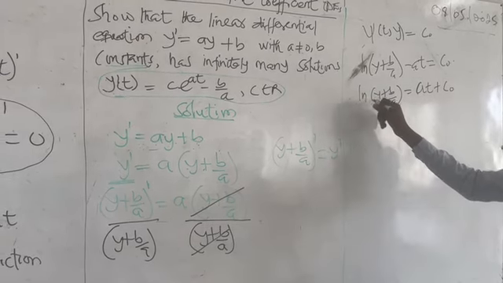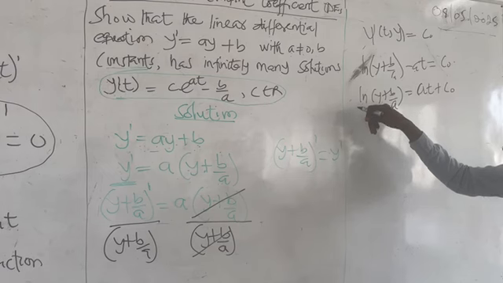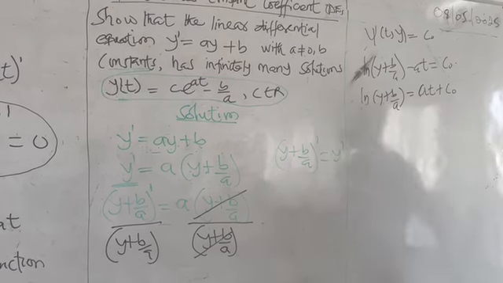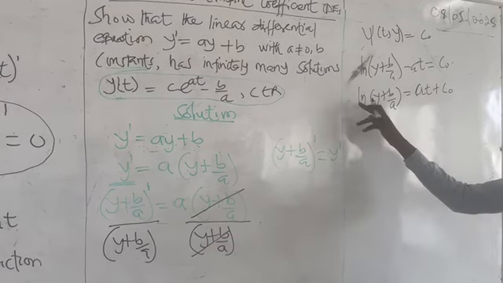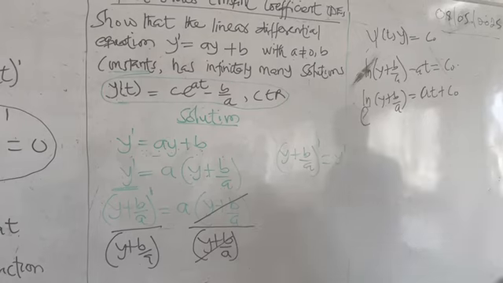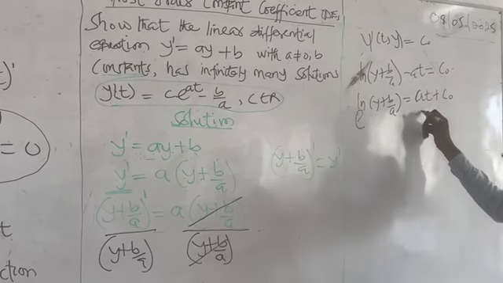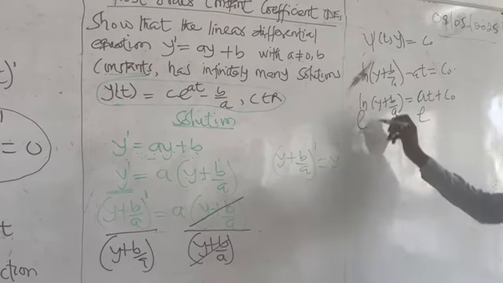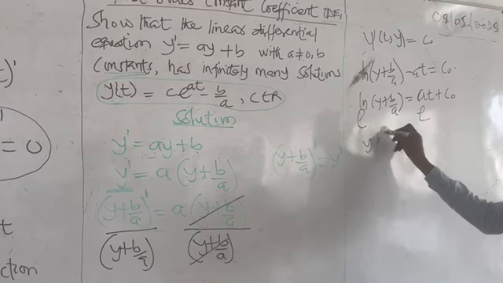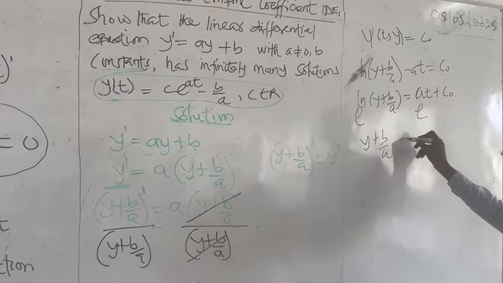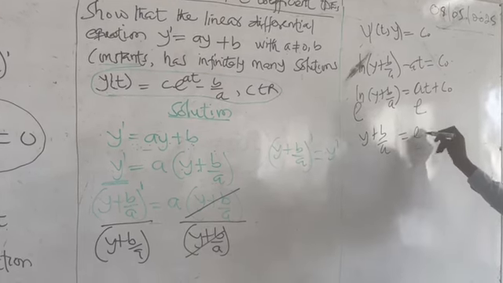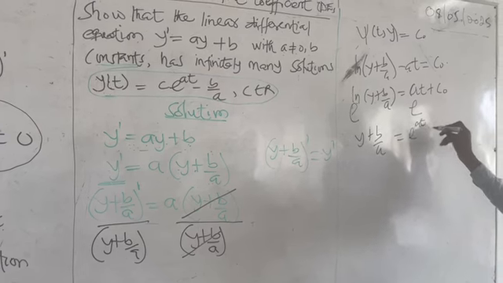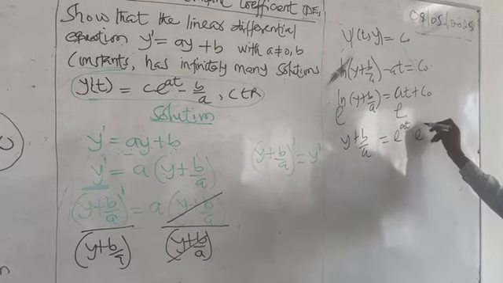I have the y inside the natural logarithm, so I'll apply the exponential function on both sides, so that I get y plus b over a equal to e to the power at times e to the power c naught.